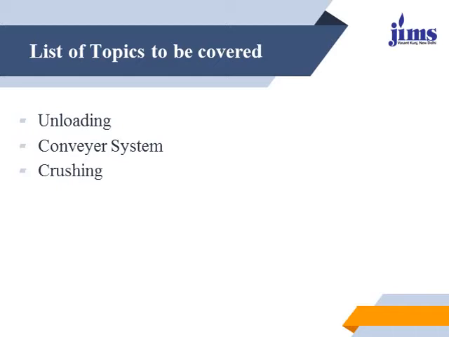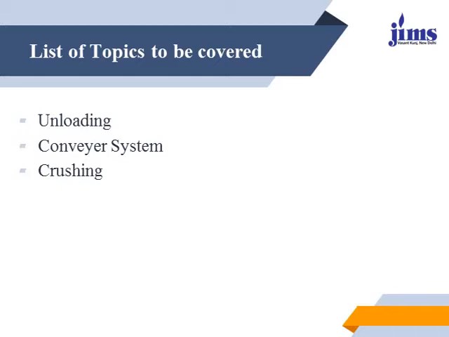So gentlemen, come to this slide. First we have to understand unloading, then we have to understand what is a conveyor system. You know that the coal received from the coal mines is like big stones, and big stones cannot be used directly in the furnace.